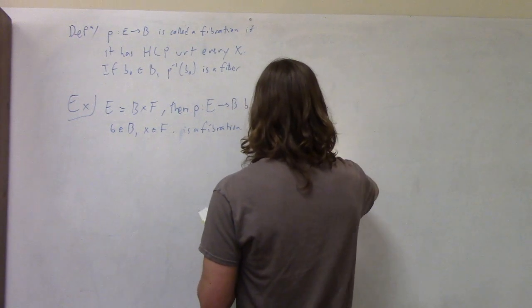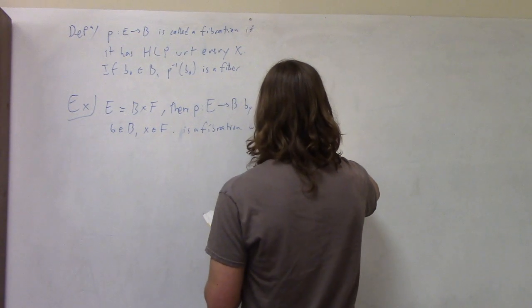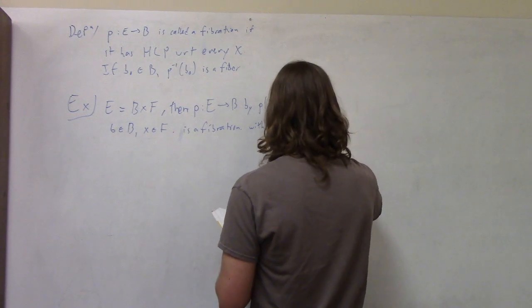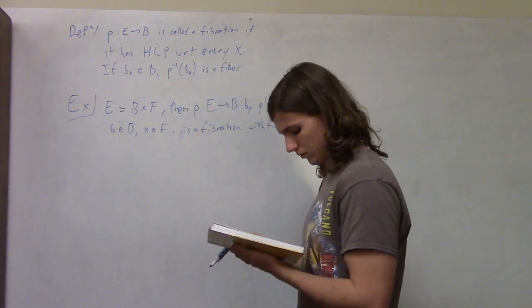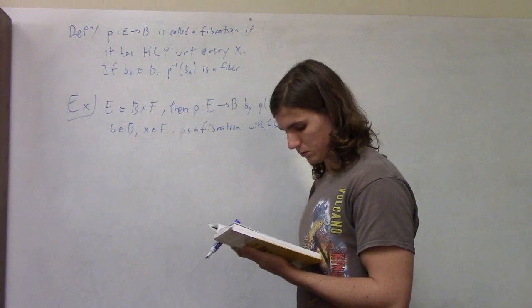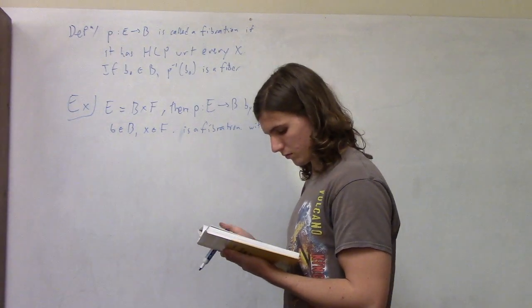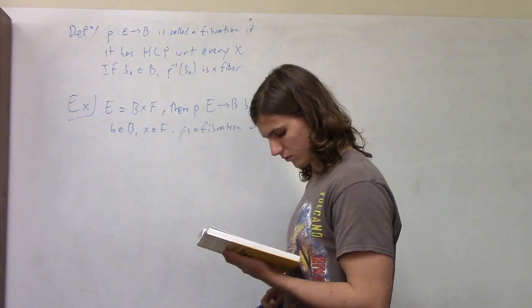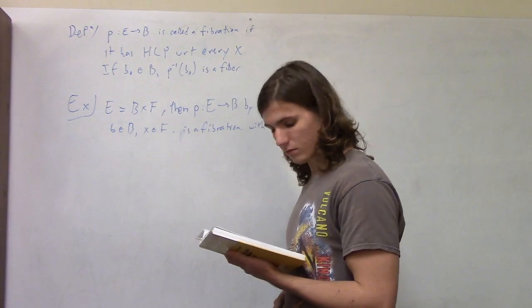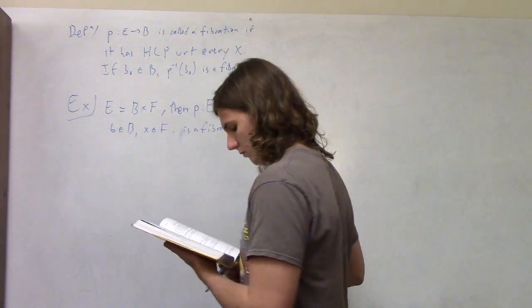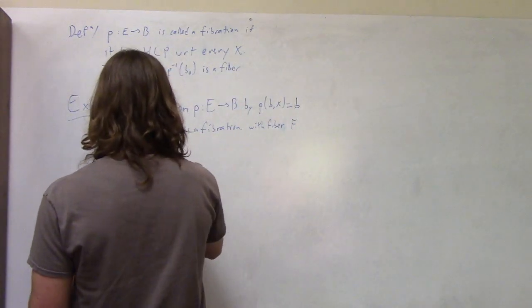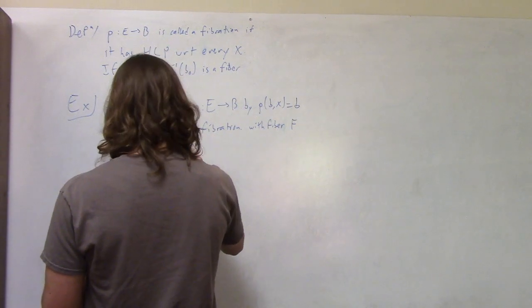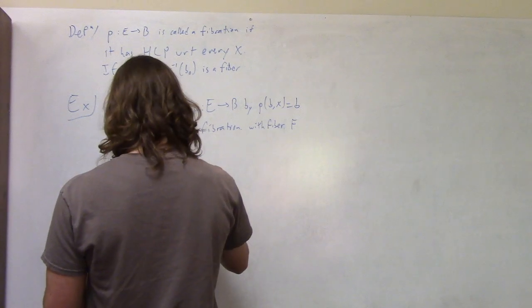A little bit of terminology that I think is worth injecting. You don't need to write this down, but at the start of chapter 10, we defined that X tilde and X are topological spaces. If you have a continuous mapping P from X tilde to X, an open set U in X is evenly covered if the inverse image of U is a disjoint union of open sets S_i in X tilde, called sheets, with P restricted to each sheet a homeomorphism.